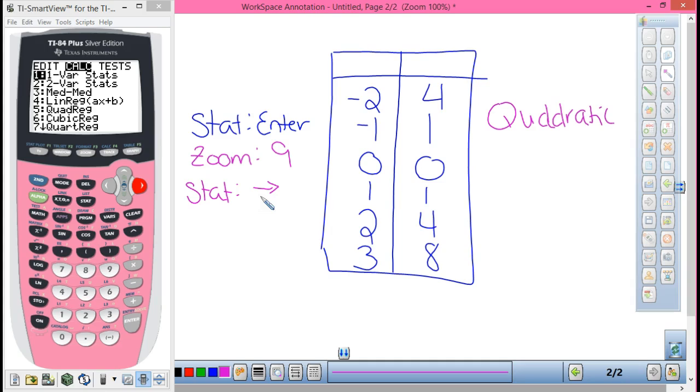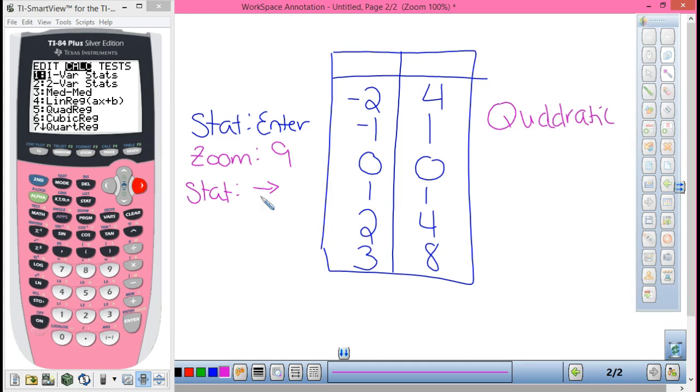Now, if it were a line, which one would I want? I would want 4. It's going to give me an equation in number 4. Okay, if this was exponential, what am I going to have to hit? Could you see anything that says exponent on the screen right now? No, but can you scroll down? Yeah, so scroll down. Which one is it?